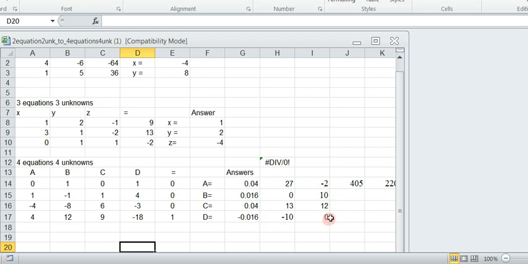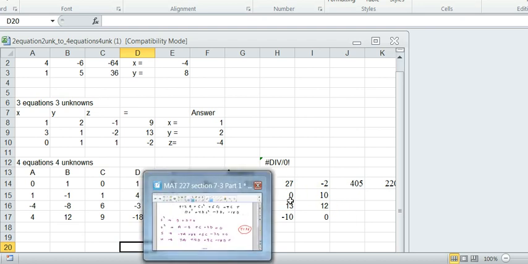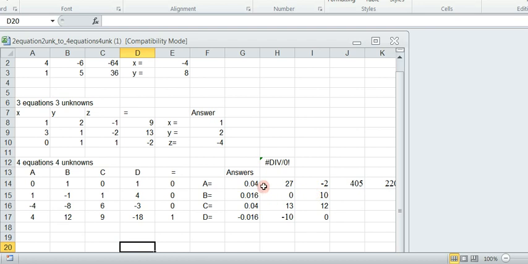And those are easily remembered when we go back to our other thing, I hope. And what do we know about 0.04? Well, that's going to be 1 over 25. And 0.016 is going to be 2 over 125. Okay, so we're going to remember that.